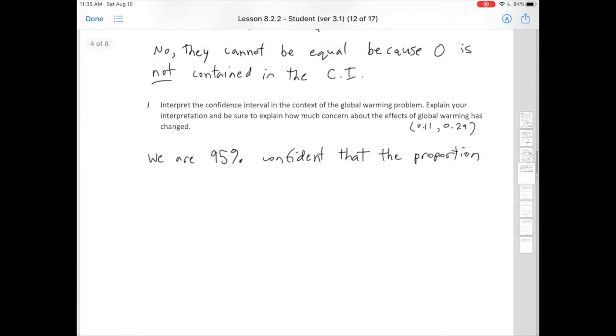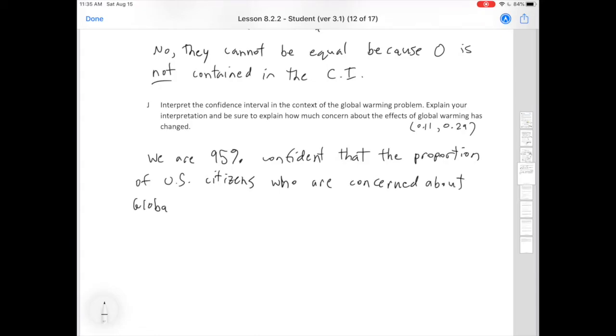So we are 95% confident that the proportion of US citizens who are concerned about global warming, it's gotten bigger, hasn't it?